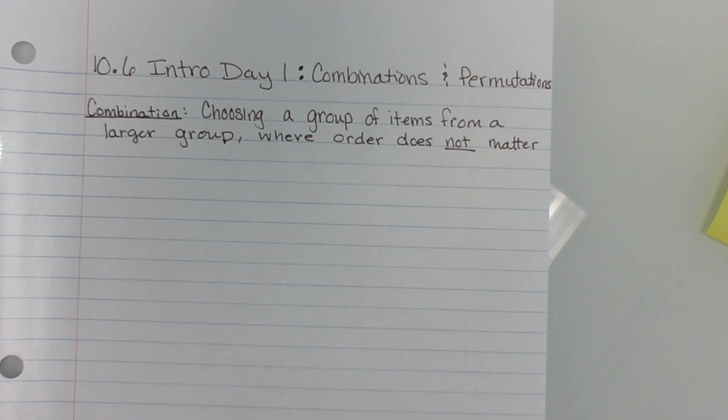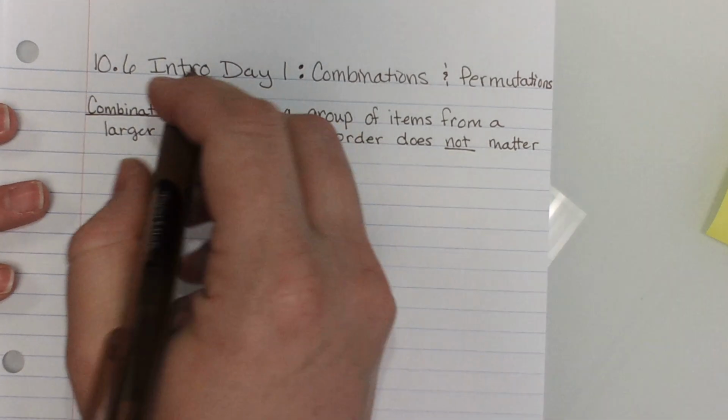It's the idea of I go to Baskin-Robbins and I want to choose 2 different types of ice cream out of their 32 different flavors. How many different ways can I do that? So that's the kind of idea that's behind combinations.